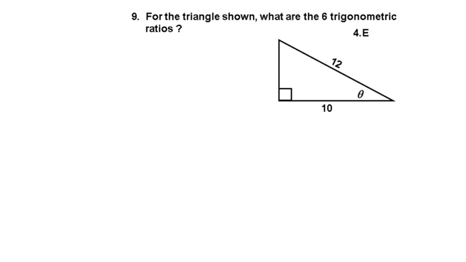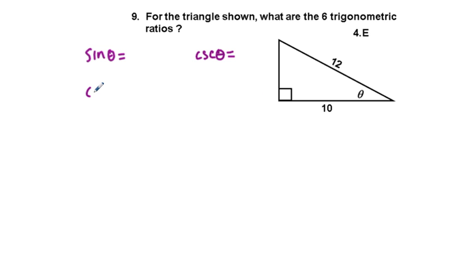Problem number 9, for the triangle shown, what are the 6 trigonometric ratios? Well, basically, the 6 trigonometric ratios are going to be sine theta. Okay, we have reciprocal of sine theta, which is cosecant theta.